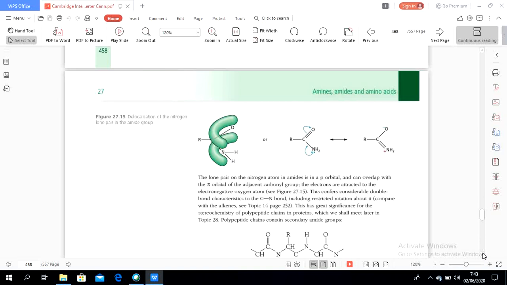The nitrogen atom contains a lone pair, and the lone pair on the nitrogen atom in amides is in a p orbital and can overlap with the pi orbital of the adjacent carbonyl group. This is the carbonyl group, C double bond O. The electrons are attracted to the electronegative oxygen atom.